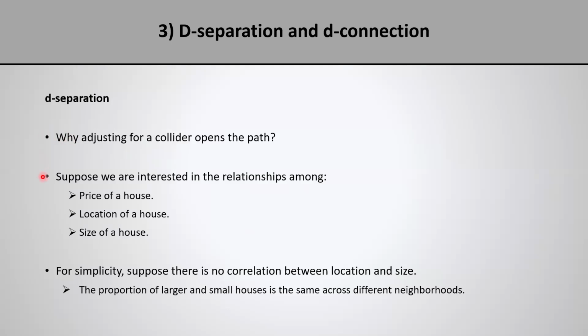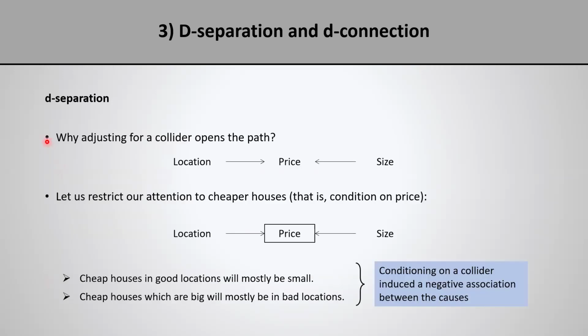Suppose we are interested in the relationships among the price of a house, the location of a house, and the size of a house. And for simplicity, we will assume that there is no correlation between location and size. That is, the proportion of larger and small houses is the same across different neighborhoods. So this will be our DAG. We have the location, which influences the price, and the size, which influences the price.